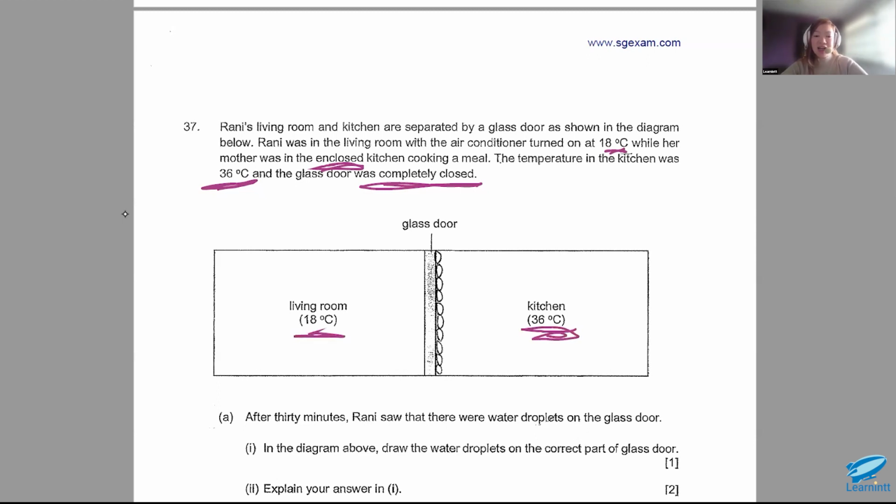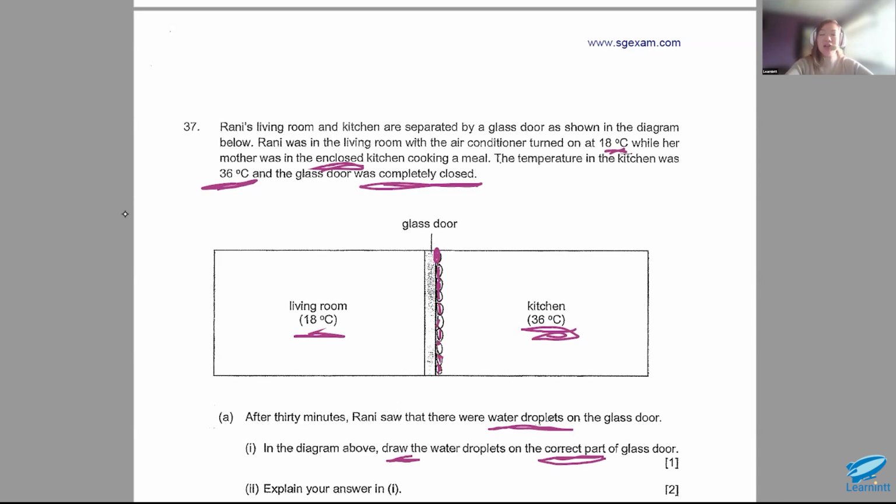All right. After 30 minutes, Rani saw that there were water droplets on the glass door. In the diagram above, draw the water droplets on the correct part of the glass door. Okay. It would be over here on this part. Then you're wondering why? Why not on the other side?